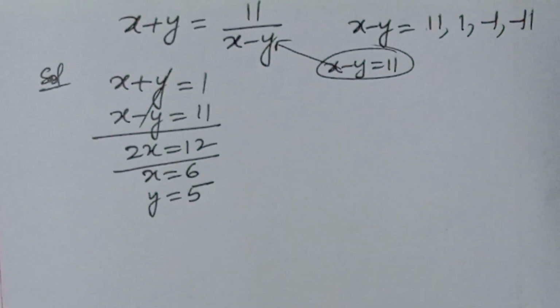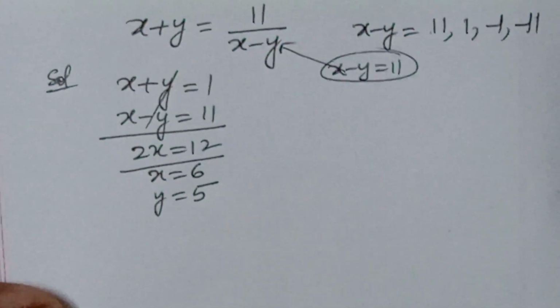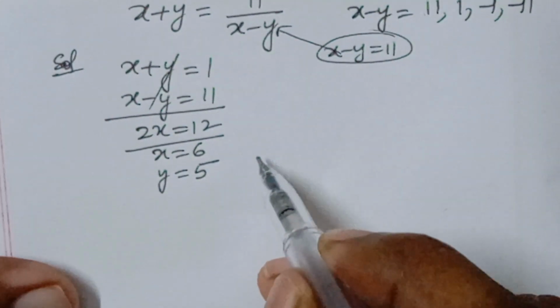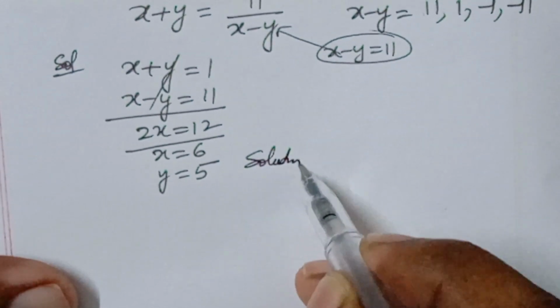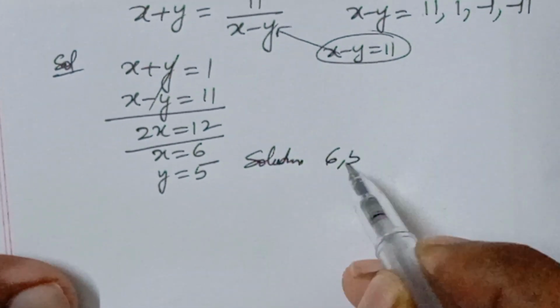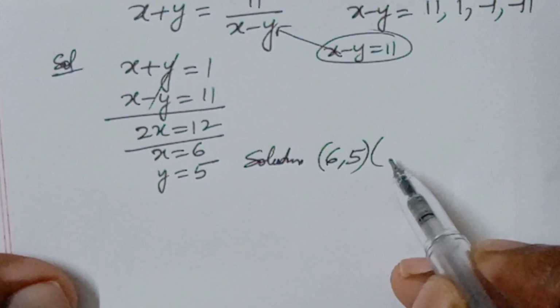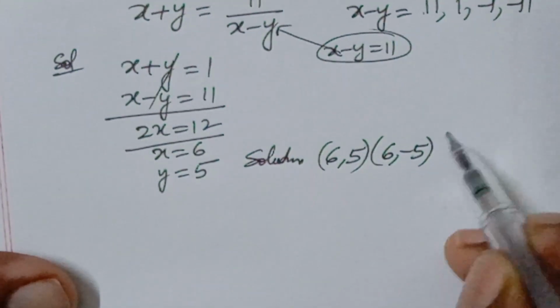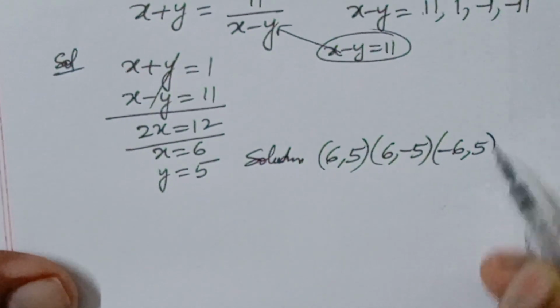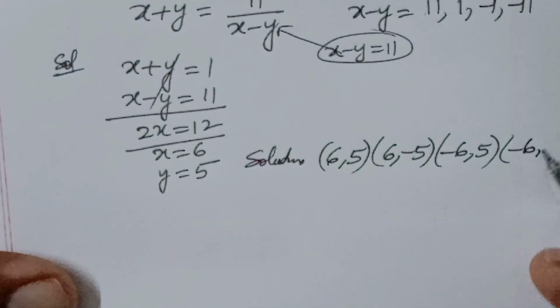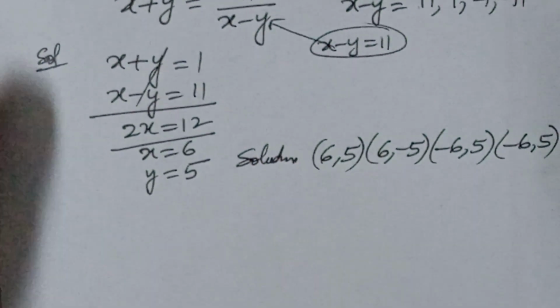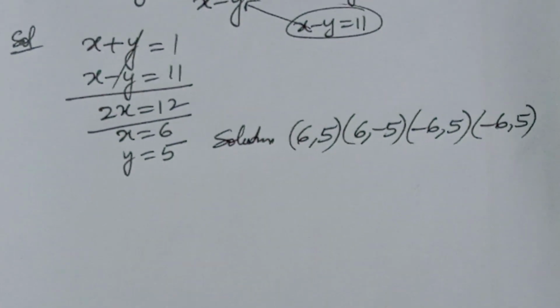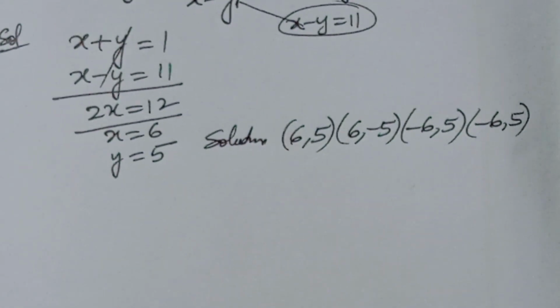So here the solutions we will get: 6 comma 5, 6 comma minus 5, minus 6 comma 5, minus 6 comma minus 5. So if you check the solutions, that is how you are getting the solutions.